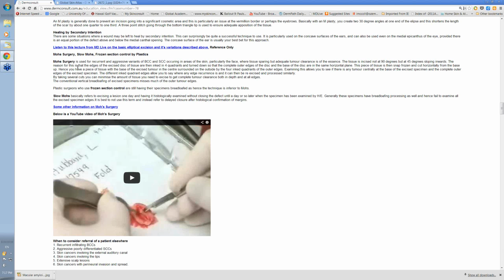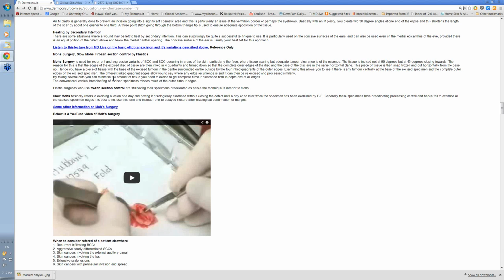And this is then frozen and it's sectioned horizontally so that you've got the base of the lesion in the center of your round excision, your round dermatome cut, and round the outside you've in fact got the periphery of the excised lesion. And all of this is stained and examined, so you're then able to examine the whole of the outside of your excised specimen.